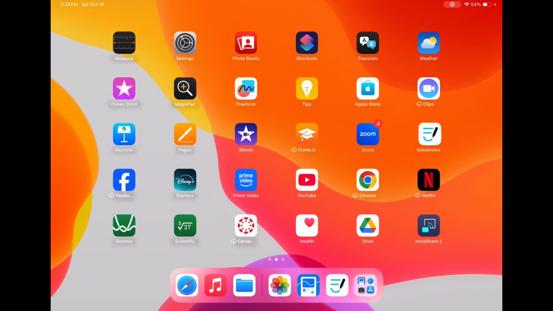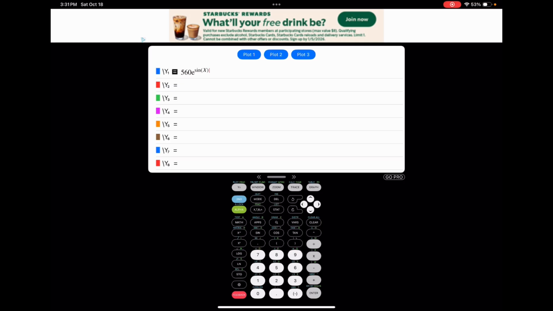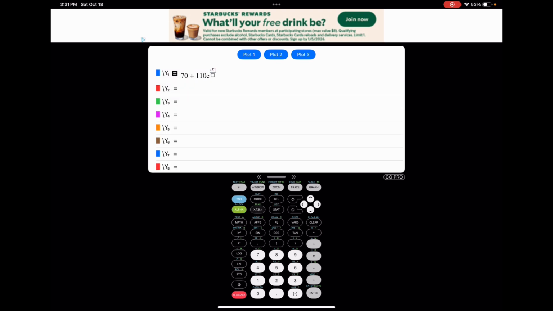Okay, so we go to a calculator. It was 70 plus 110 e to the negative x over 2. And I want T of 5. So alpha trace y1 parentheses 5.